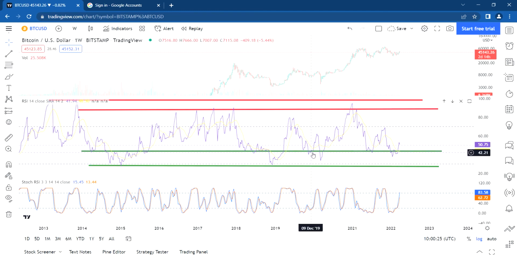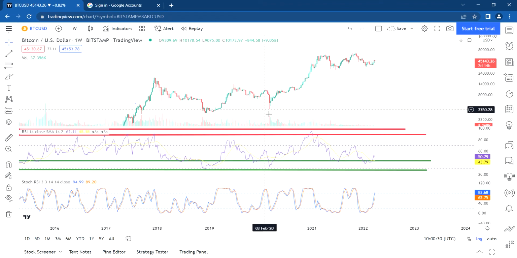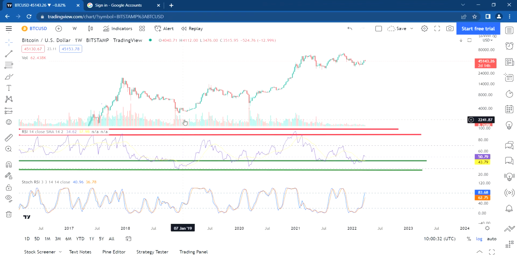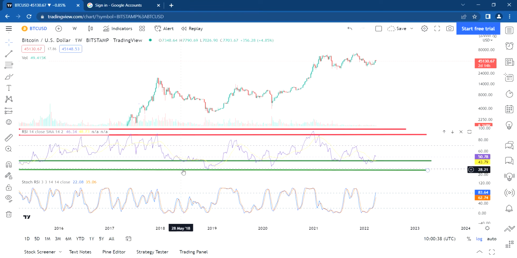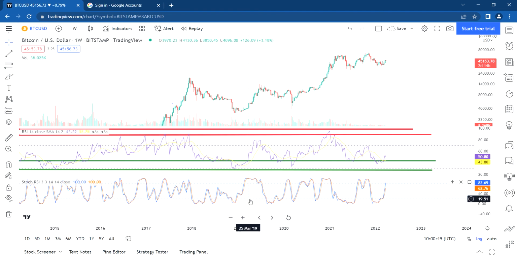So here we can backtest this very quickly. I'm just going to start from here. You have this RSI overbought, you have oversold here in the green zone, and then you also have the stochastic RSI in the same region, really at the bottom.